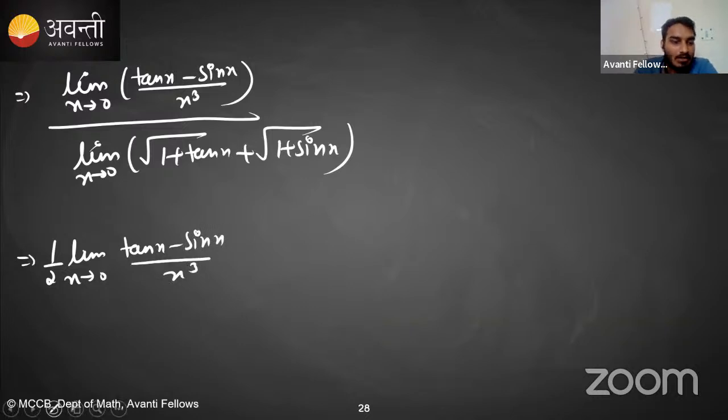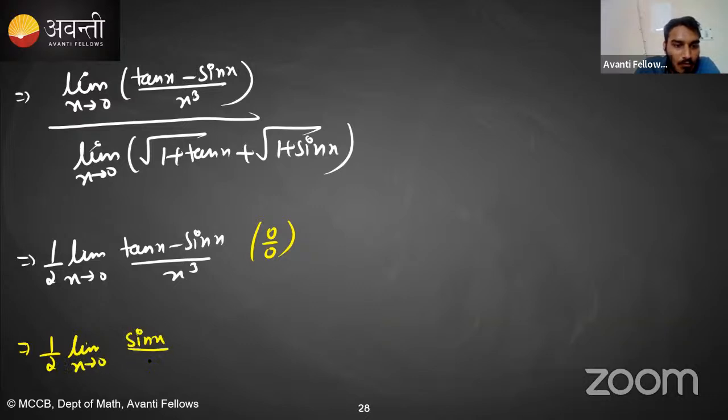Is it still an indeterminate form? Let's check. It is 0 by 0, so it is still an indeterminate form. How can we get rid of it? One thing you can do is, everyone please pay attention now: tan x can be written as sin x upon cos x, minus sin x, upon x cube.